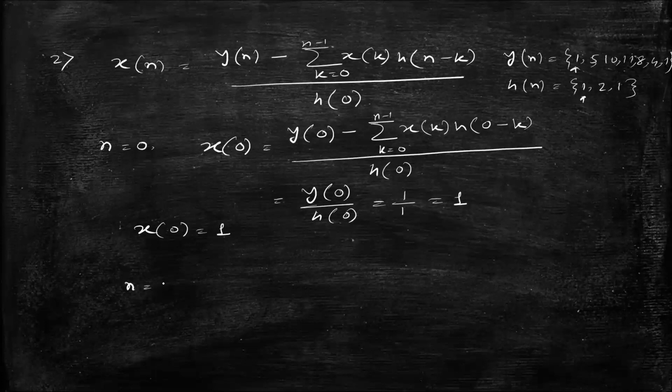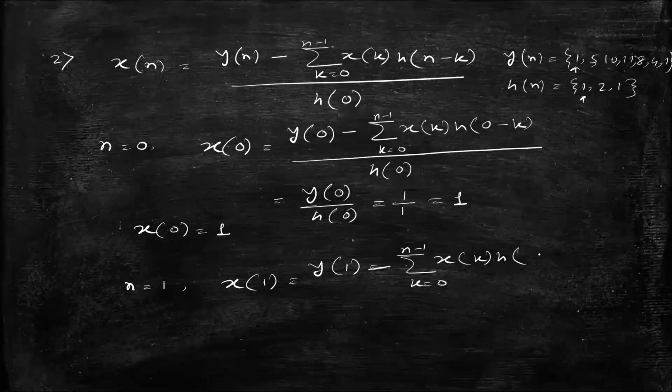n equal to 1. So x of 1 equal to y of 1 minus summation k equal to 0 to n minus 1 of x of k h of 1 minus k, whole divided by h of 0.